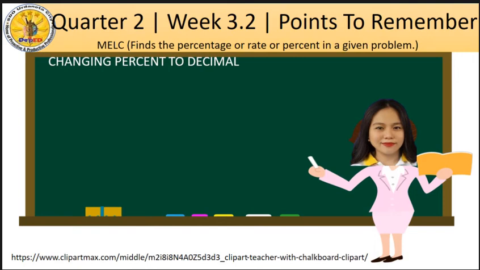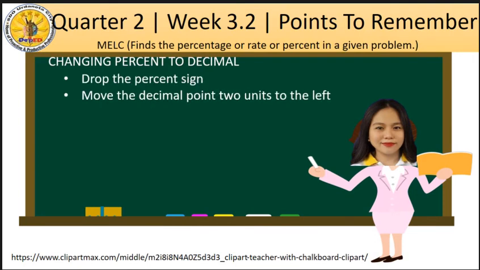Another way to convert a percent into decimal is to drop the percent sign and move the decimal point 2 units to the left. It's as easy as ABC, right guys?